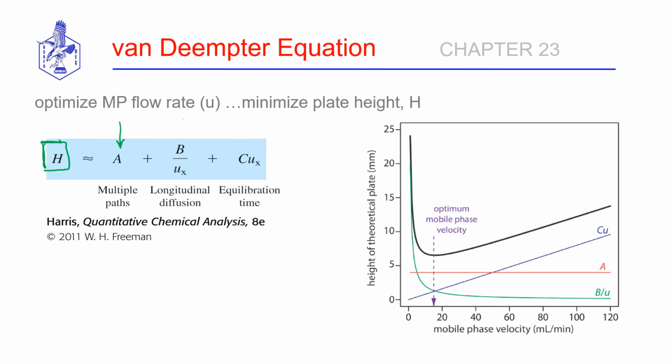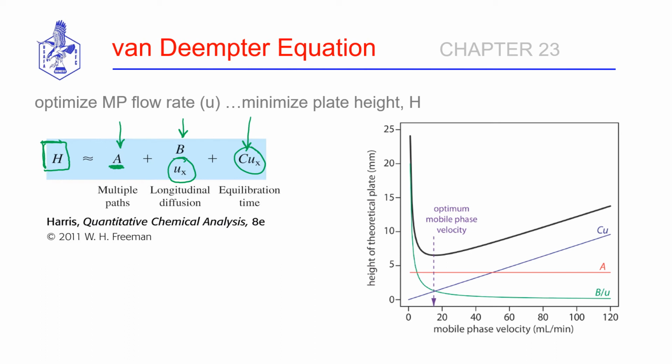Then we have longitudinal diffusion, moving in the opposite direction to the mobile phase. And then we have mass transfer, or equilibration time. So from a mathematical perspective, eddy diffusion has no dependence on the flow rate of our mobile phase, whereas longitudinal diffusion has an inverse relationship, and mass transfer has a direct proportionality.